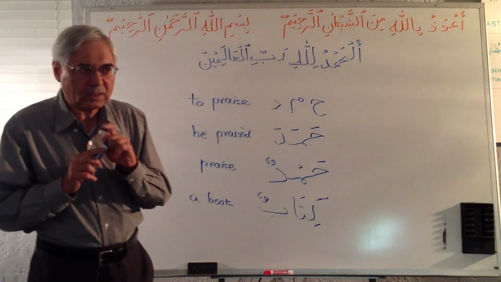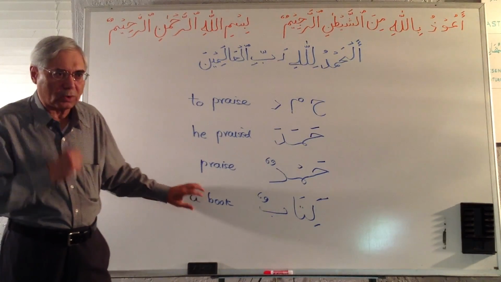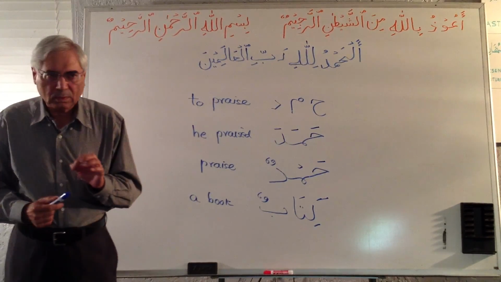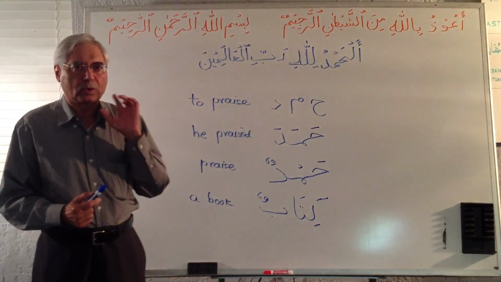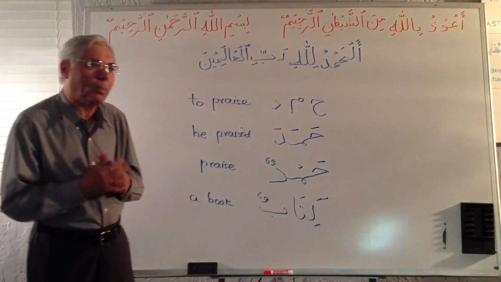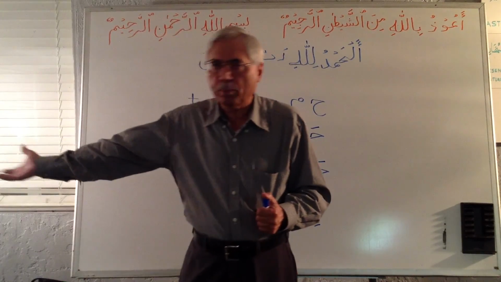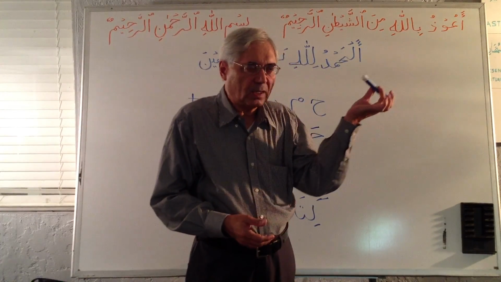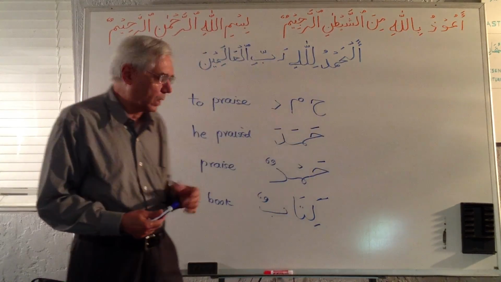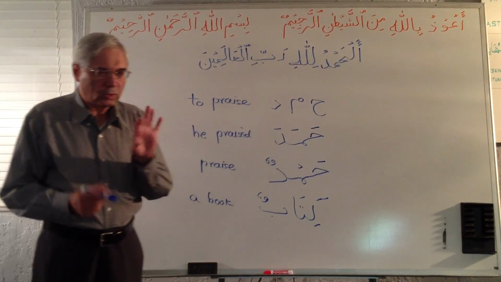Very important: it does not mean "book" here, it is "a book." And what is the definition of a book? It could be any book. I can just pick up any book from the shelf and say, this is a book. In Arabic, it will be kitabun. So that's the important thing.